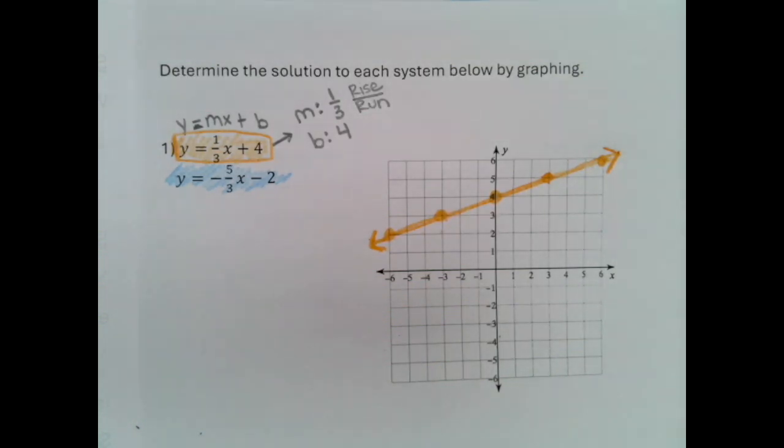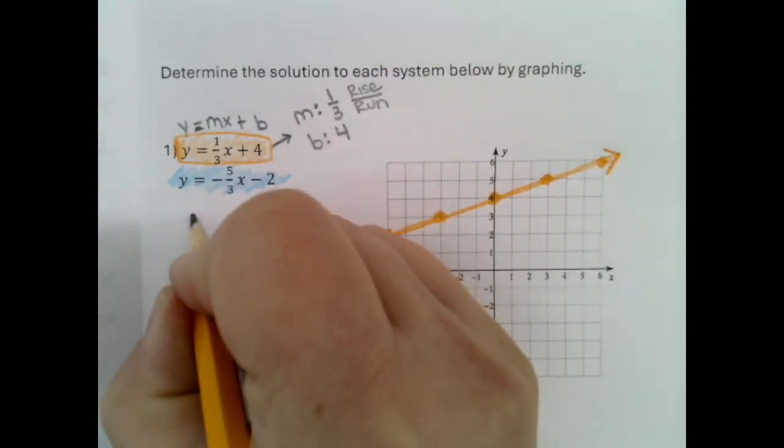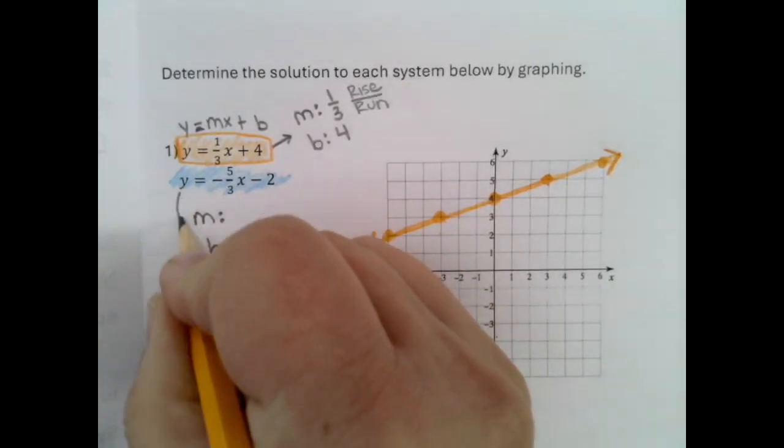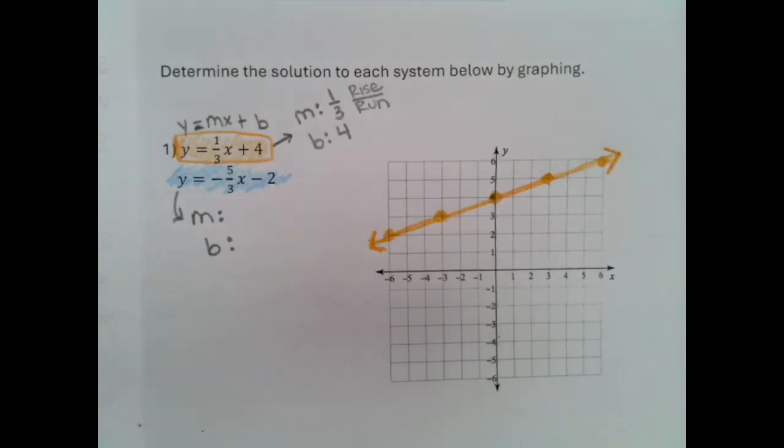So as I look at that second equation, y equals negative 5/3 x minus 2, I can identify what is my m and what is my b. M stands for what? Slope.